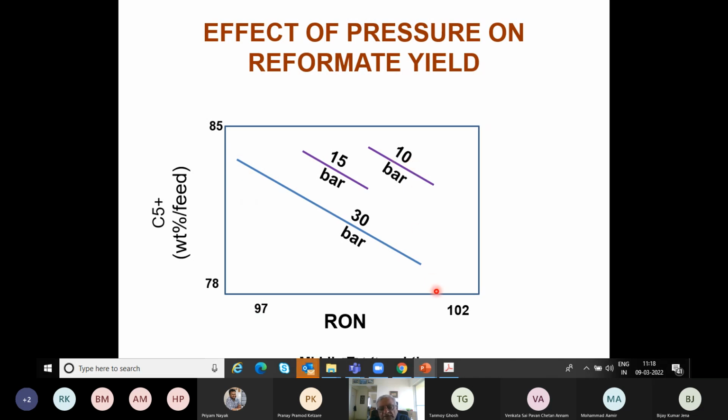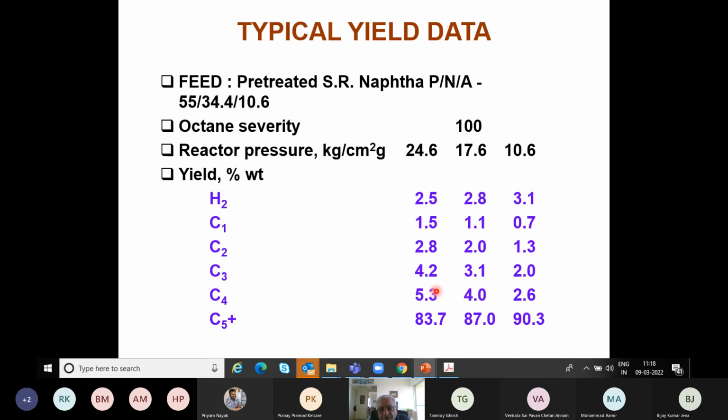So either way, the total amount of octane barrels goes up when you go down on pressure, which is beneficial. And this table shows that when you go down on pressure, the total amount of C5 plus reformate yield goes up. 83 to 90% yield is significantly higher for a certain octane severity of 100.